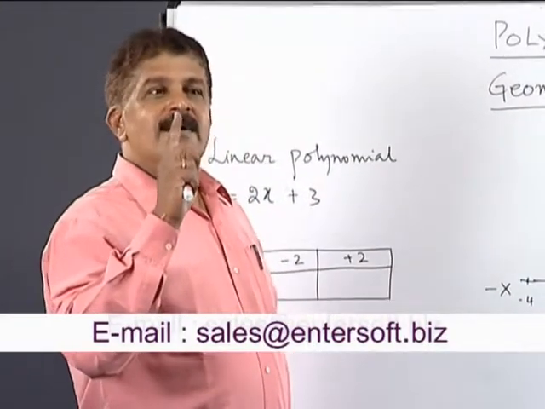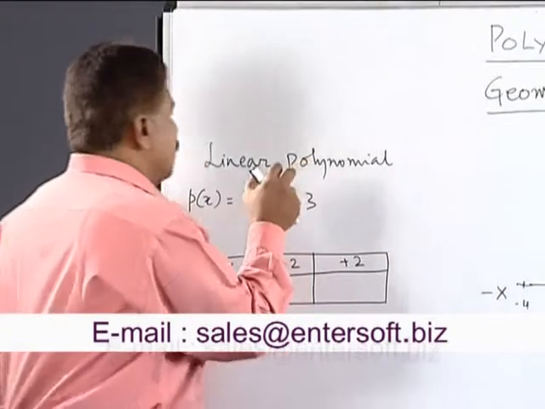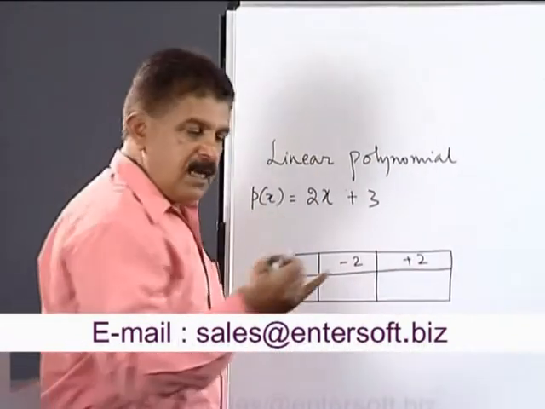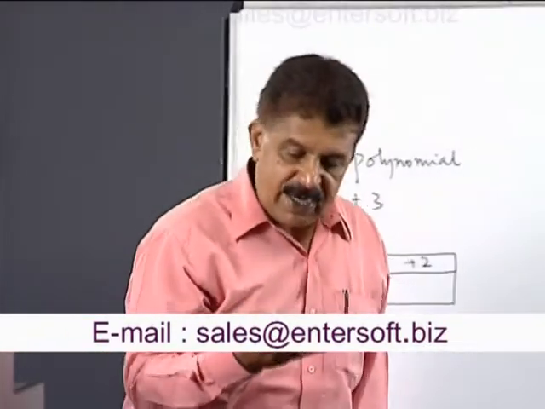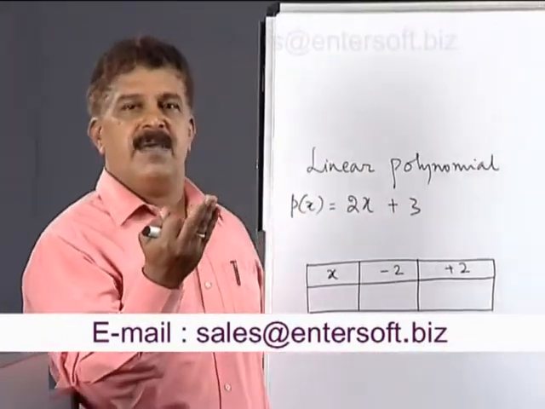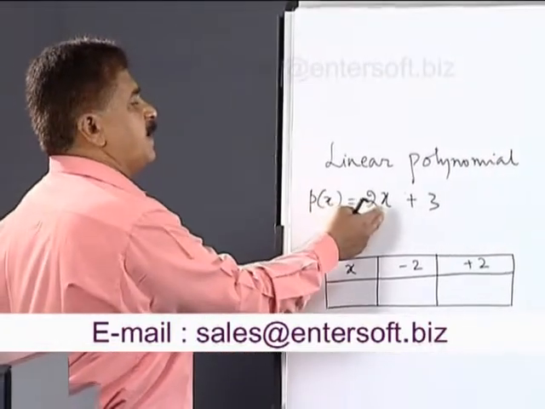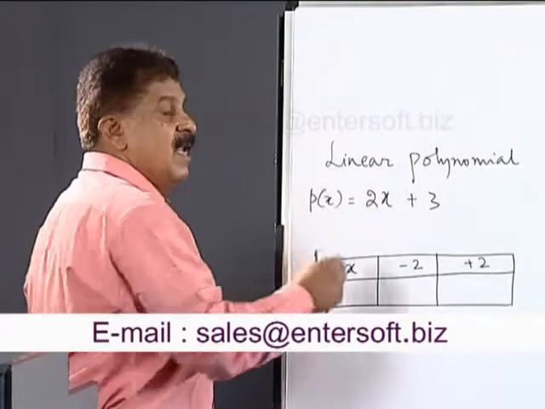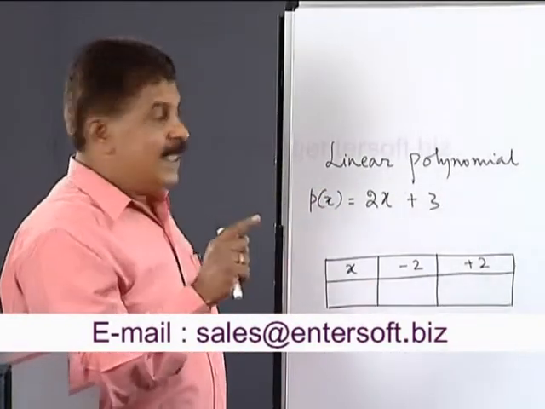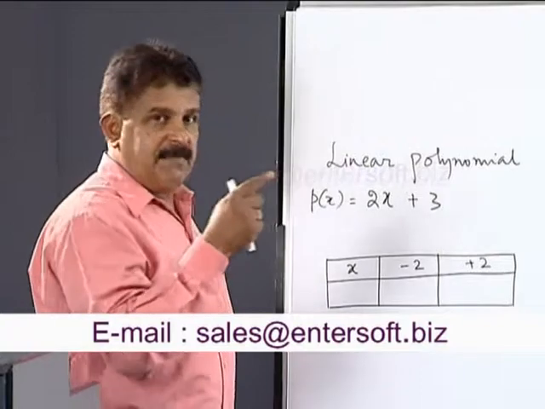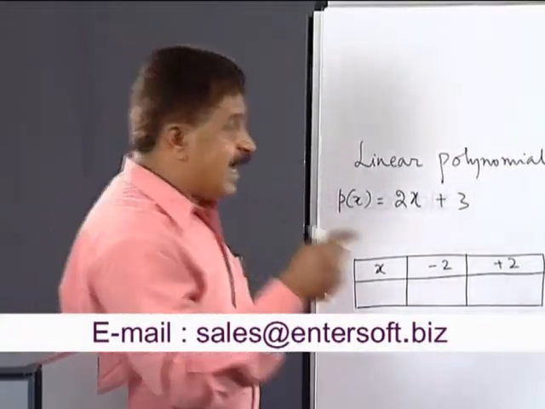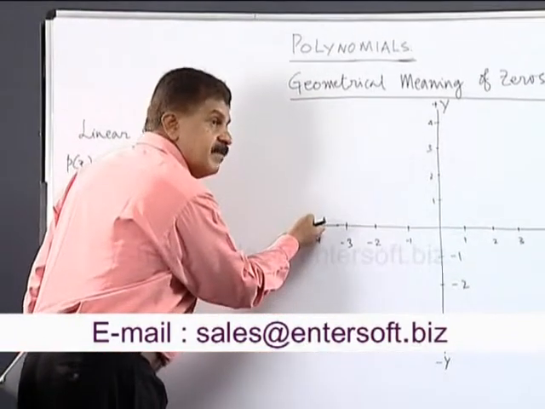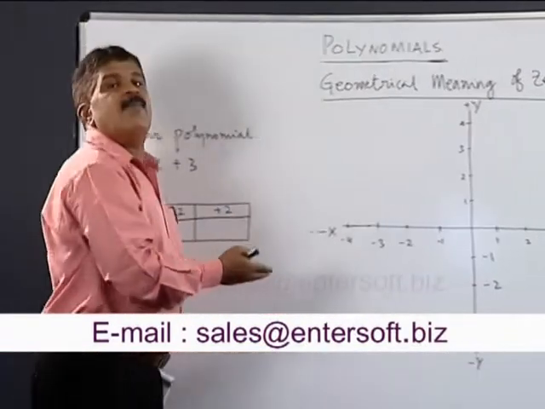So when you draw the graph of a given polynomial, be it linear, quadratic or cubic, if you substitute different values of x, find the value of the polynomial and plot it on a graph sheet, then that particular curve, whatever be its shape, will cut the x-axis at such number of points which are the zeros of the polynomial.